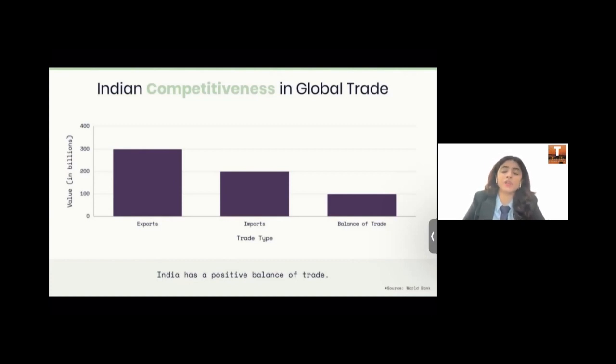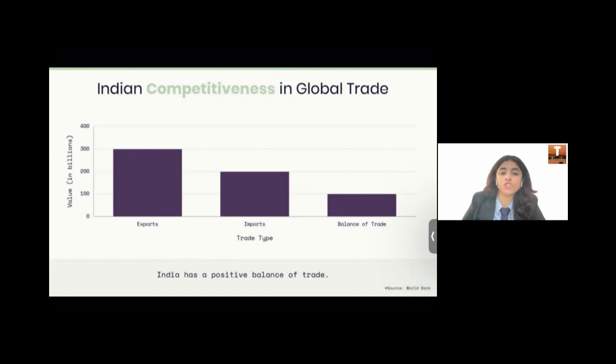Seventh is trade agreements. India has engaged in bilateral and regional trade agreements to expand market access and enhance trade competitiveness. Agreements such as the India-ASEAN Free Trade Agreement and the Comprehensive Economic Cooperation Agreement with various countries have facilitated trade flows and reduced trade barriers.